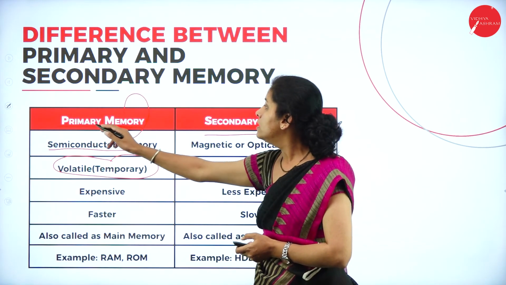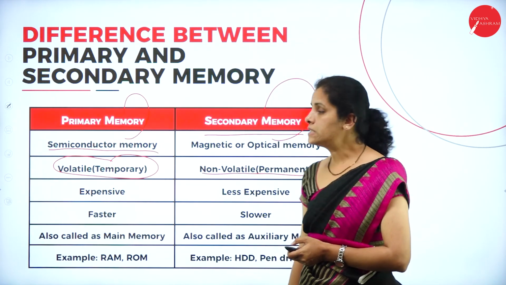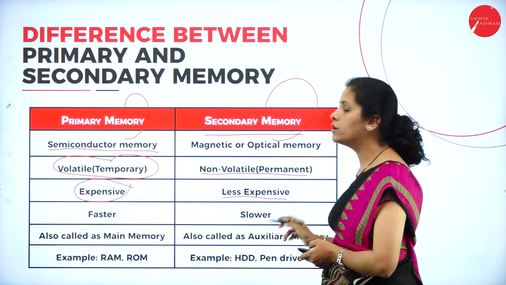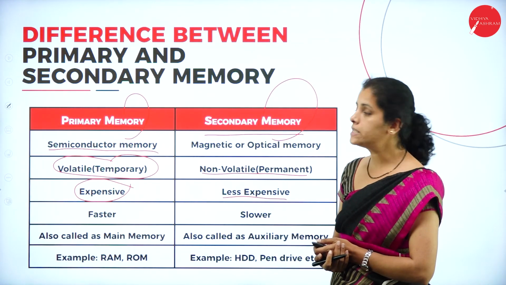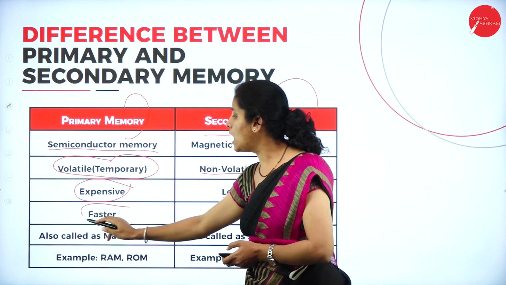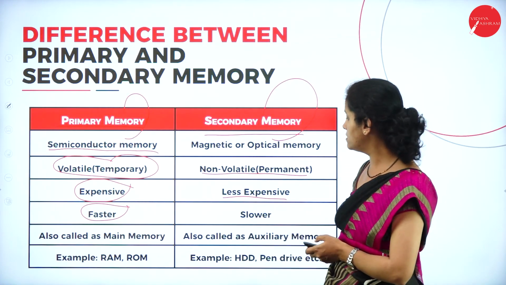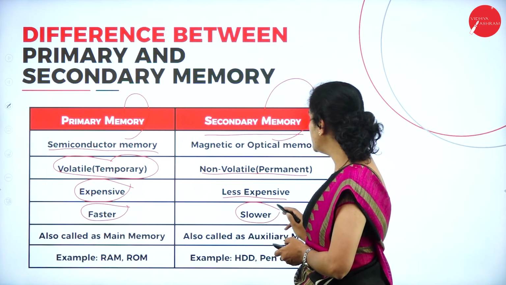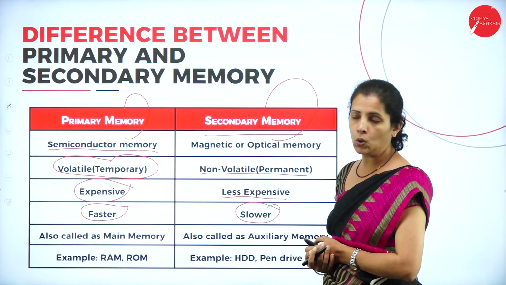Primary memory is expensive, whereas secondary memory is much less expensive. The execution speed of primary memory is high, so it is faster. With secondary memory, the execution speed is very slow.